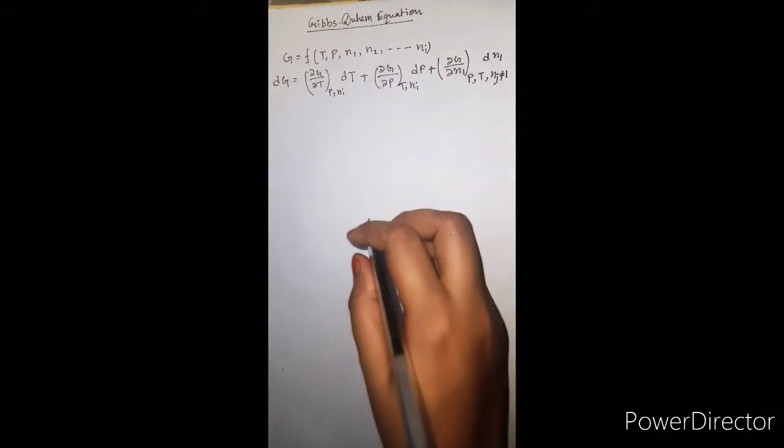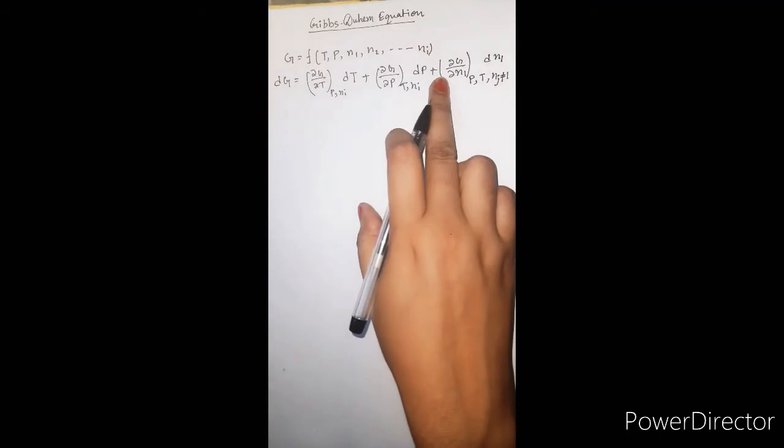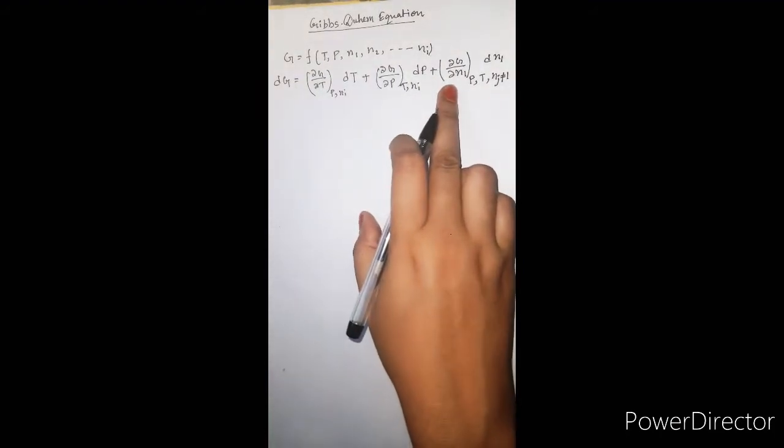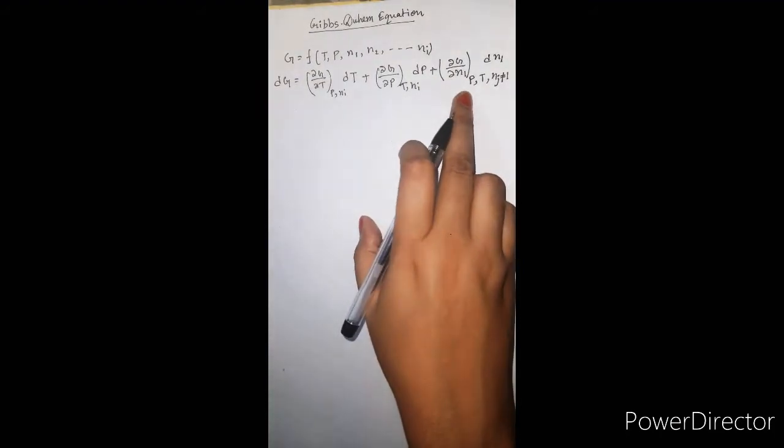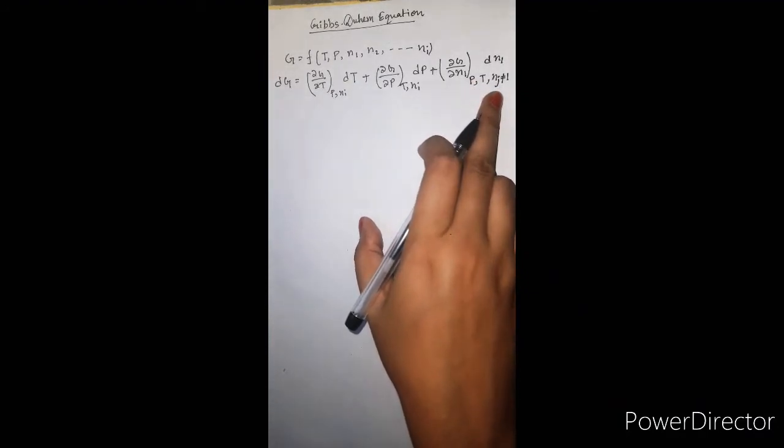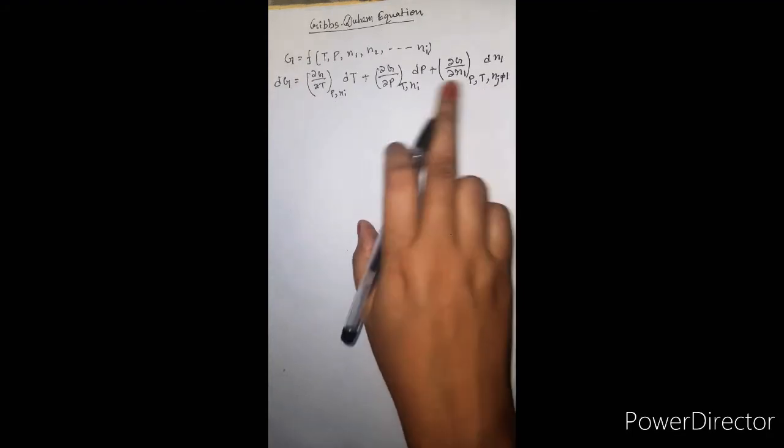It means that we are differentiating G with respect to n1, where the constant terms are the pressure, temperature and the moles of gas not corresponding to n1.